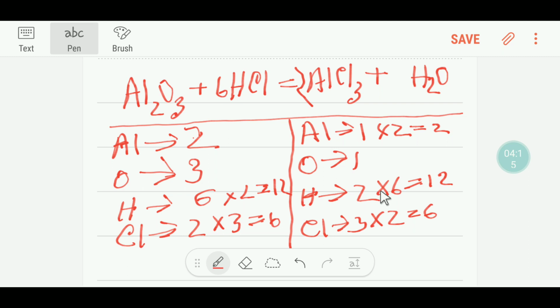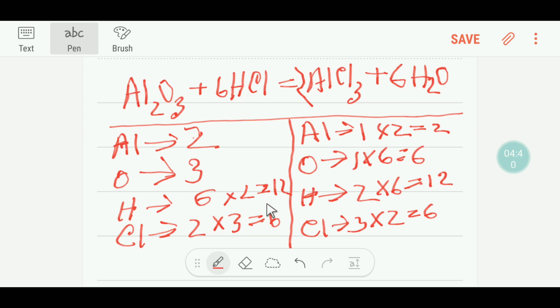Okay, let me do it first. This 6 will come before this hydrogen that is here, right? So I will have to put here 6. If I put 6, the number of oxygen will be changed. Here you are getting 6 times 1, that is 6 oxygen, right?